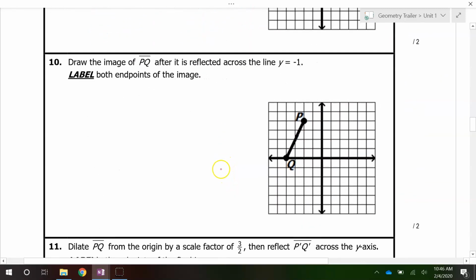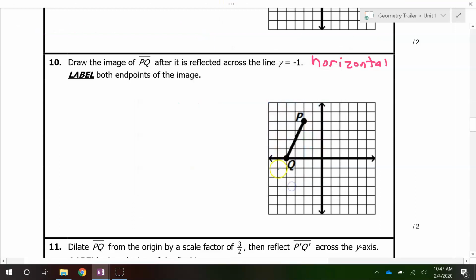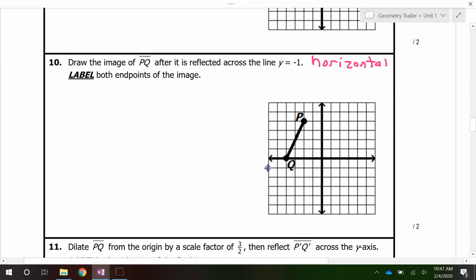Number 10. Draw the image of segment PQ after it is reflected over the line y equals -1. Remember, y equals a number is horizontal. That you just have to memorize. So we're talking about a horizontal line at -1. Okay, so this is the line y equals -1.